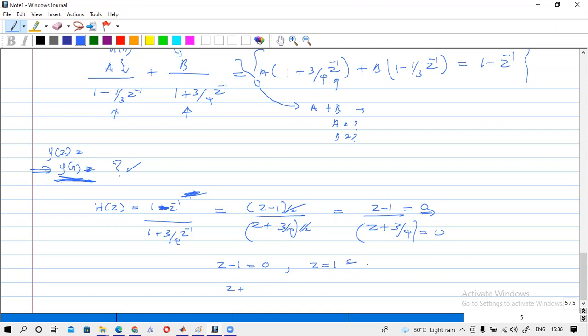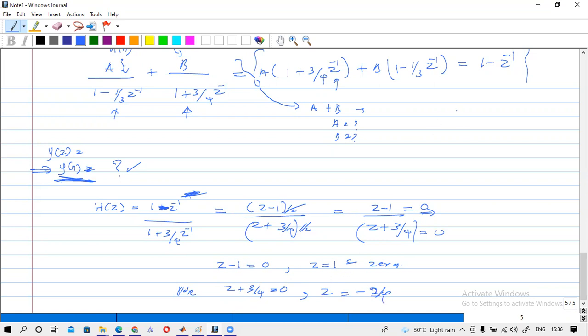These are the zeros. To find the poles, you have to set Z plus 3 by 4 equal to 0, so Z is minus 3 by 4. So your pole will be minus 3 by 4. So you have one pole and one zero.